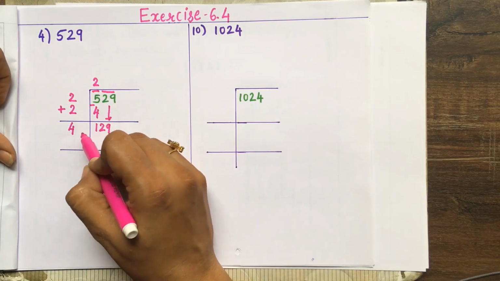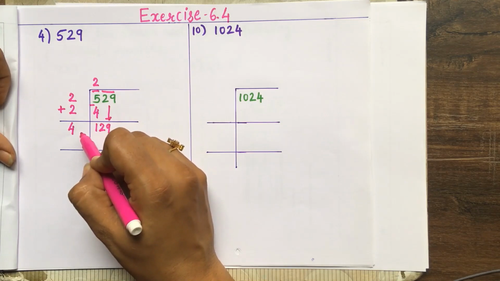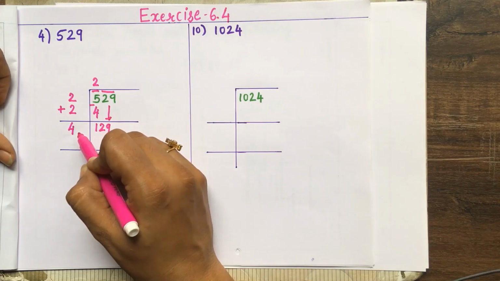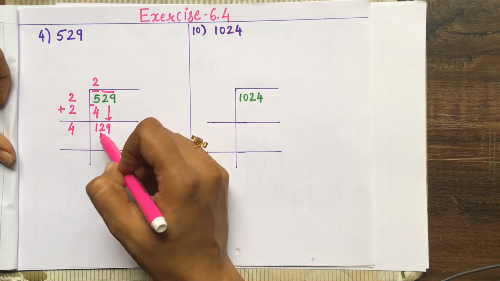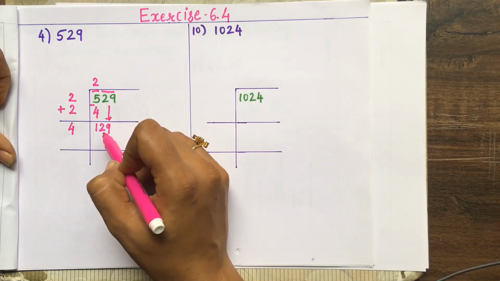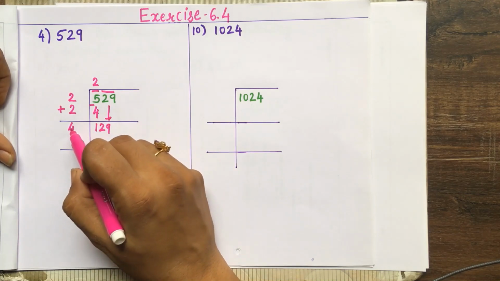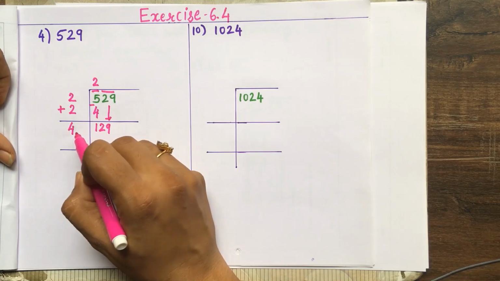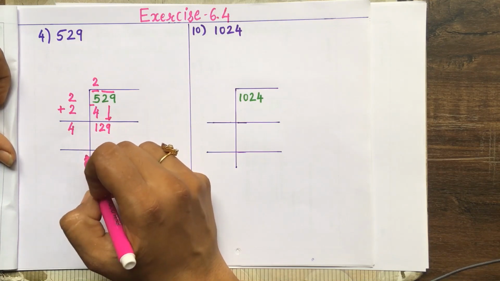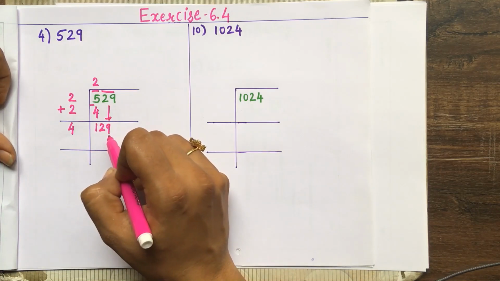Now with 4 on its unit place, here I have to choose one number again such a way that if I multiply whatever the number is with the same digit, then the product should be equal or it should be less than 129. So if I take 2 over here, then the number will be 42, and because I have taken 2 over here, I'll multiply 42 with 2, that will be 84, which is less than 129.